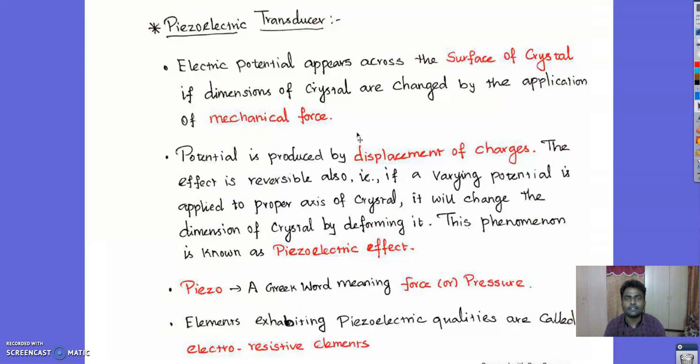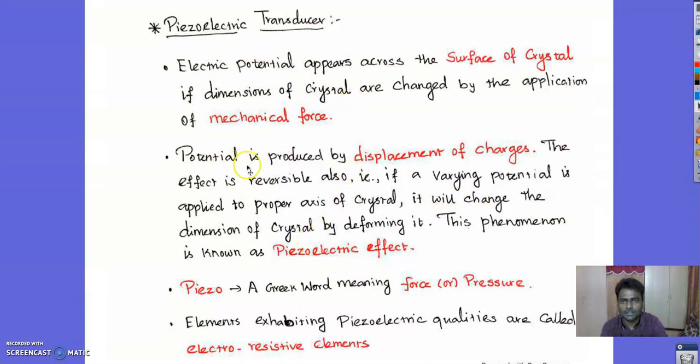This in turn will change the area or thickness of the crystal, and this change in crystal dimension, or deformation of the crystal, is going to produce some potential. That potential is nothing but the electric potential, and it is measured by means of some electrical quantities.